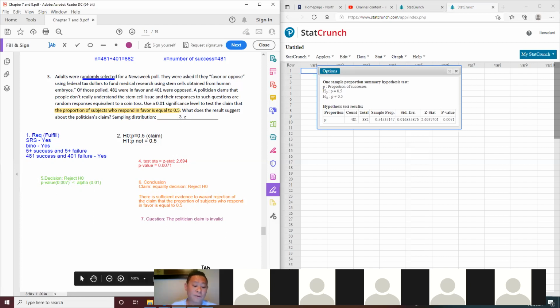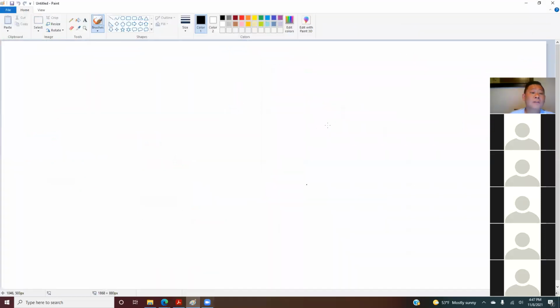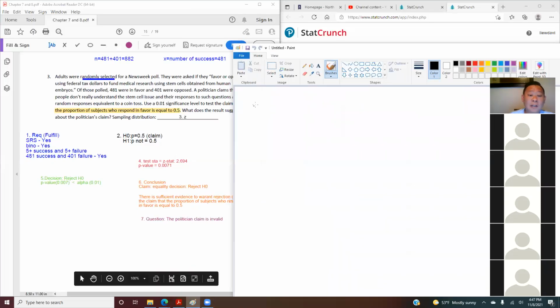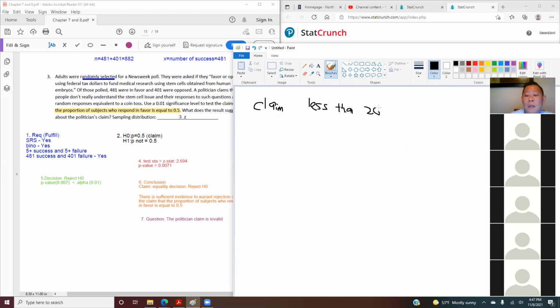This is something I want to point out to you guys. Based on the claim, you test the claim. So if your claim says it is less than, let's say, 20%, then how do you write your null and your alternative hypothesis in this case? So P is what?